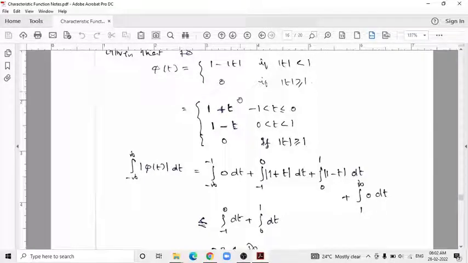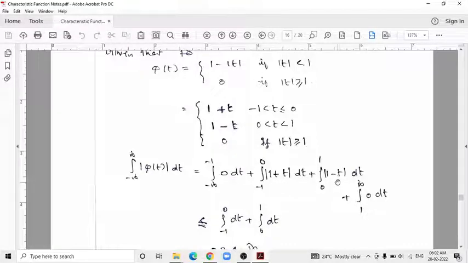And the last section is 1 to infinity, where phi t is 0. So in short, the total integral from minus infinity to infinity has been taken in 4 different segments. One is from minus infinity to minus 1, over which phi t is 0. The second section is minus 1 to 0. Over that interval, phi t will be 1 minus minus t, that is 1 plus t, so it is modulus 1 plus t.